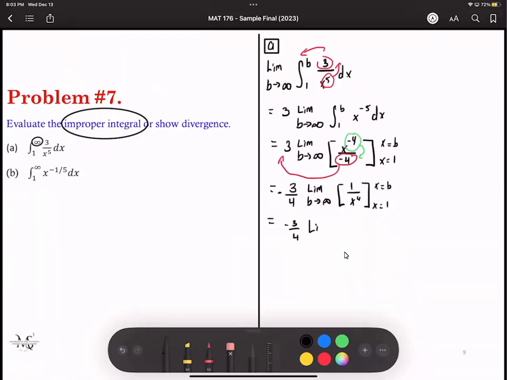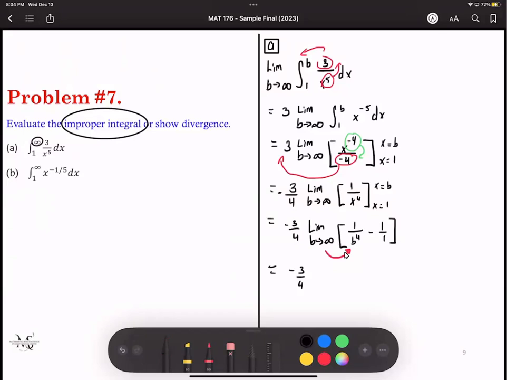Now, if I evaluate this limit, if I plug in my limits of integration, we get 1 over b to the fourth minus 1 over 1. But I know that as b goes to infinity, 1 over infinity to the fourth is going to be a relatively small number. That's just going to become 0.